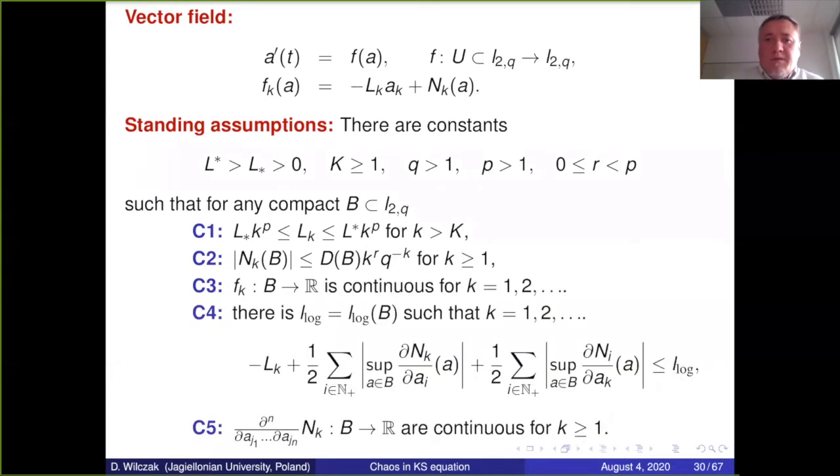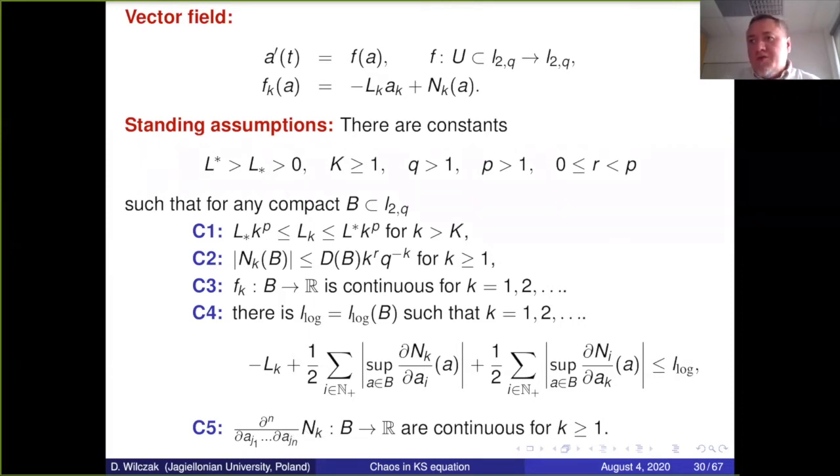The C3 to C5 are technical. I mean, Fk, component-wise, it should be continuous. It happens, okay, quite often. The second condition is about some inequality regarding the logarithmic norm. This allows us to force some convergence argument. And the C5 condition says that in the nonlinear part all partial derivatives are continuous.